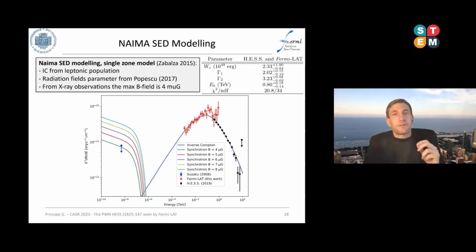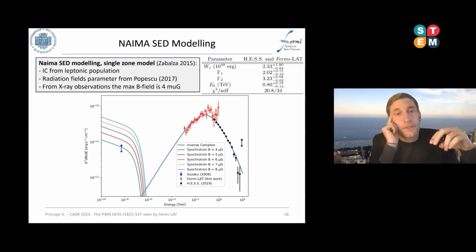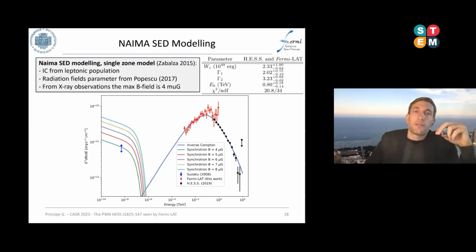We then tried to model the source using two different modeling programs, the NAIMA modeling, which is a single-zone model, and a GAMERA model, which uses multizone. In particular, here we use leptonic emission, with the inverse Compton from the electrons.